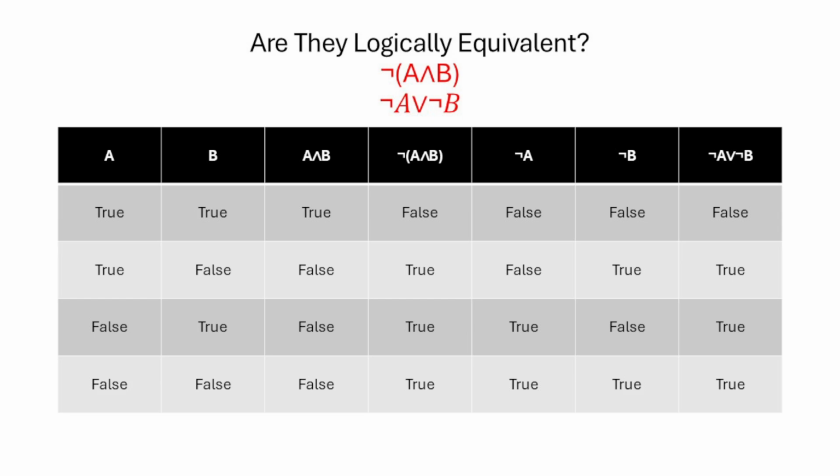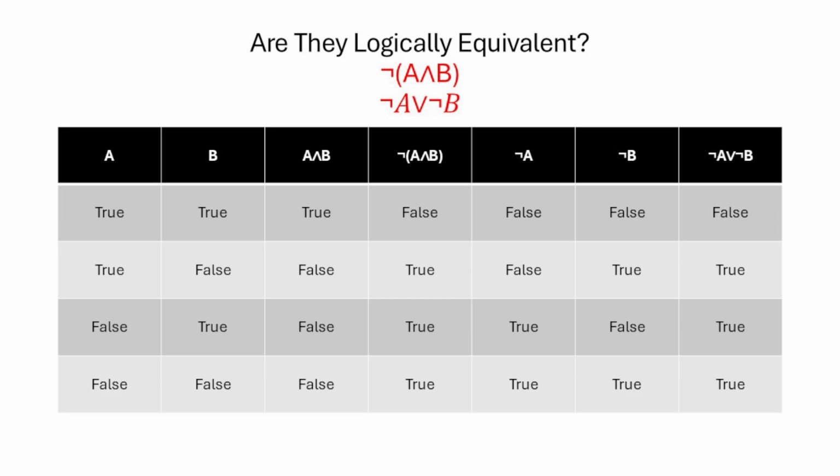I'm not going to read out the true, false values to you. If you look at every row, the truth value of not (A and B) matches the truth value of not A or not B.